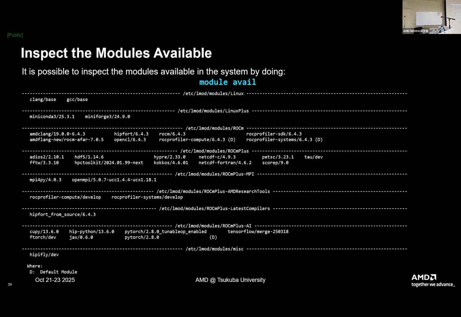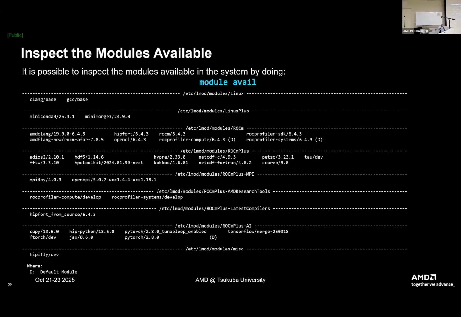So you'll see a ROCm module. To get the compiler setting, we load AMD Clang. To get the AFAR, we load AMD Flang New. So we're segmenting what you are getting into the path. I think we talk about ROC profiler compute later, but I want to give you some cautions about that one.